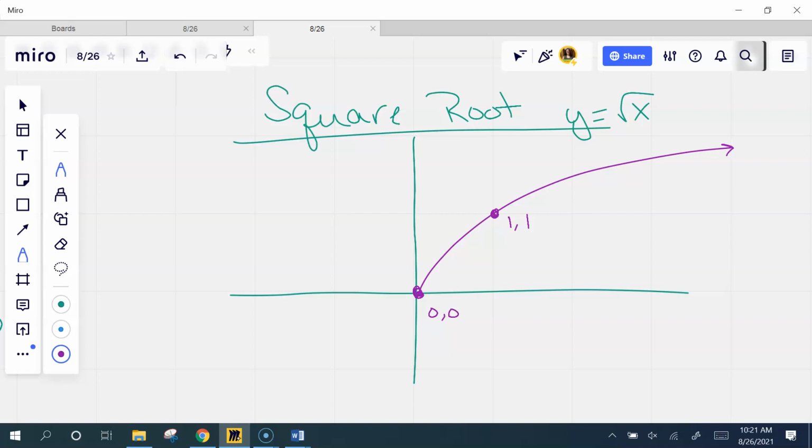What's the domain here? With a bracket. Yes? How about the range? Continuous? Yes.